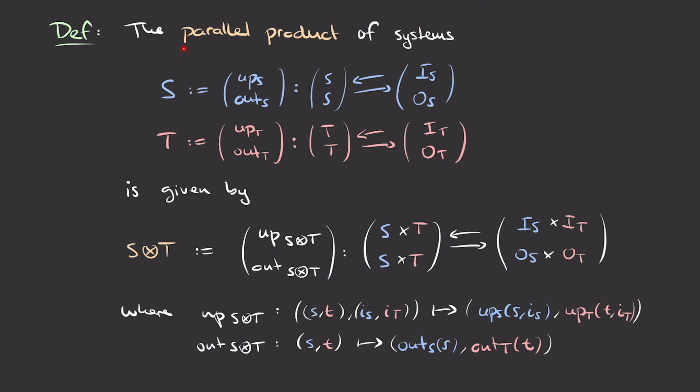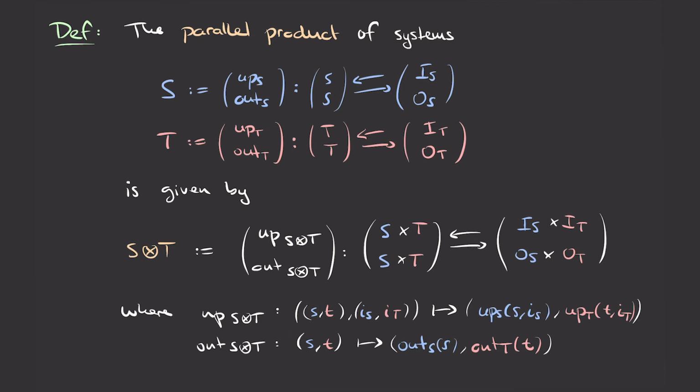So the parallel product of two systems, S and T, given as before, is given by the following new system, which I call S tensor T. So it is a system that goes from the domain here, where we put basically the domains of the two lenses in parallel by taking their Cartesian product, to the codomain, where we basically also put the inputs and outputs of the first system and the inputs and outputs of the second system in parallel using the Cartesian product of sets. And it has the following update and output functions.